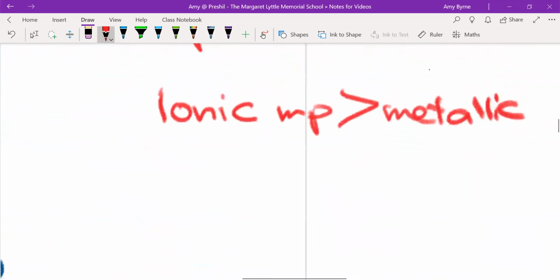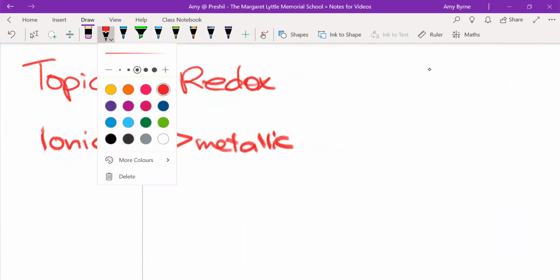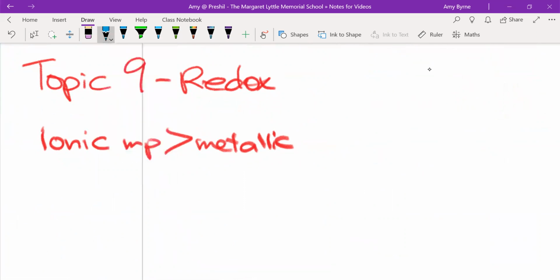I make this point because there was an excellent exam question from a few years ago that looked at the electrolysis of molten lead bromide. And it asked students to write the full equation for the result of that reaction.